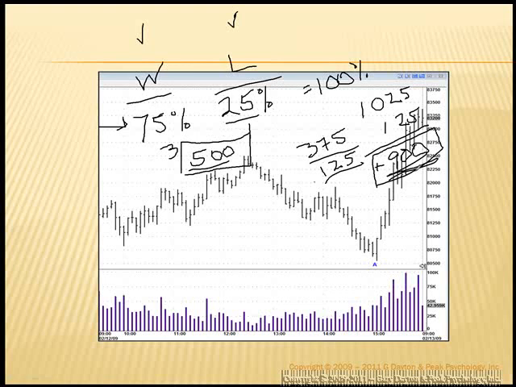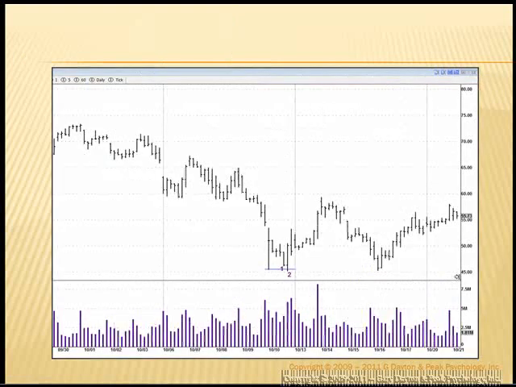Okay? So if we go back here and we look at bar number 3, we have a perfectly valid setup here, and the context is good. And we take this trade, but bar number 3 comes in and we scratch out of it, or we get out of it because we get scared.